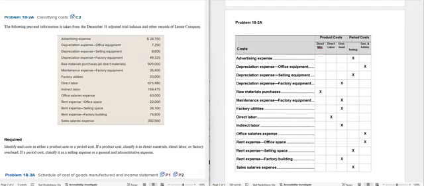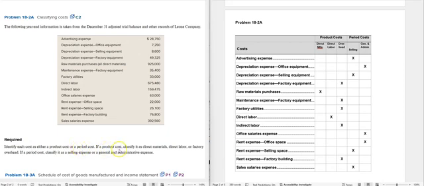Now that we have a basic understanding of product versus period, let's do this problem that has us looking at more detail about the different categories within product and the categories within period cost. So the following year information is taken from the December 31st adjusted trial balance of Leone Company, and they want us to identify each of these costs first as a product or a period cost.